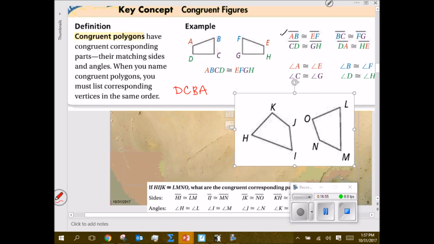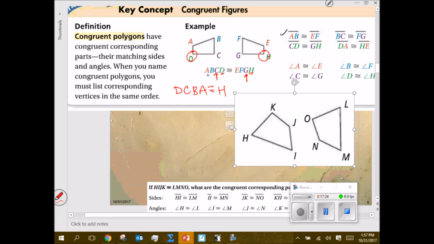But now think about how that should match up over here. Once I determine how I name the first one, that dictates how I name the second one. So this angle D matched up with H, right? D up here and H over there. Now I wrote D first, so I better write H first. Does that kind of make sense? Yeah. C then, over here was my third letter, and G was my third letter.